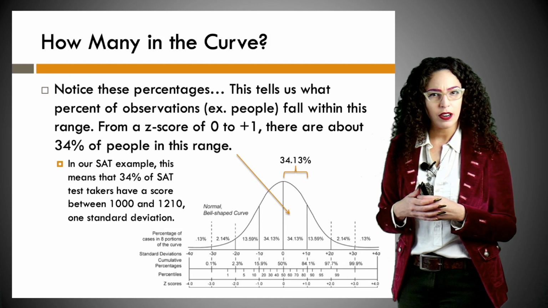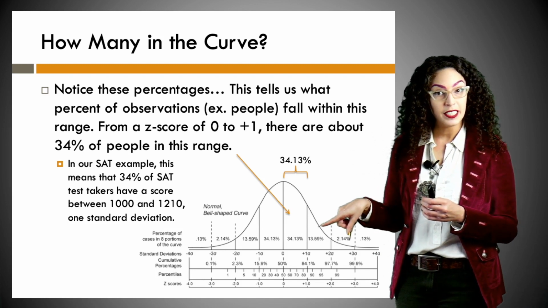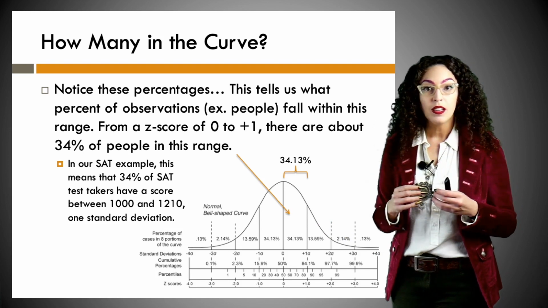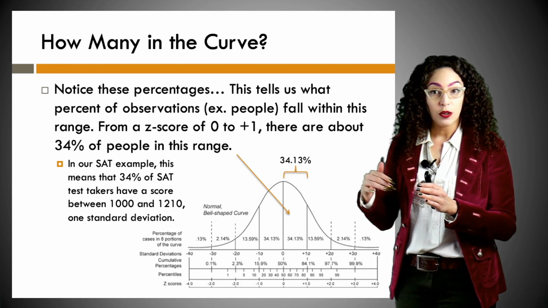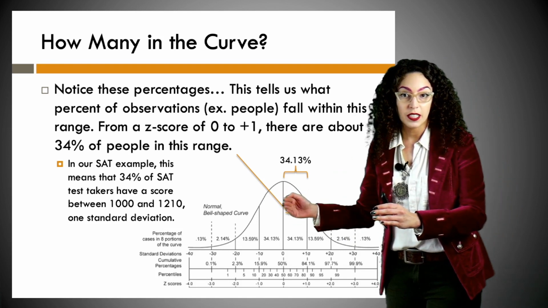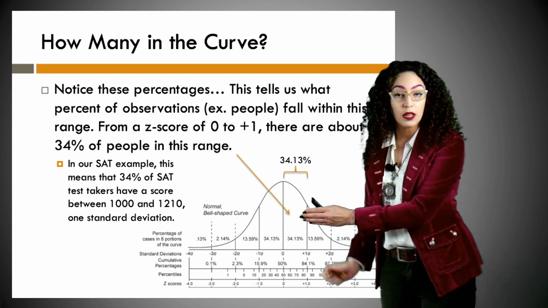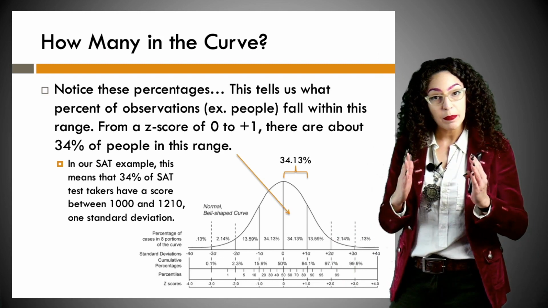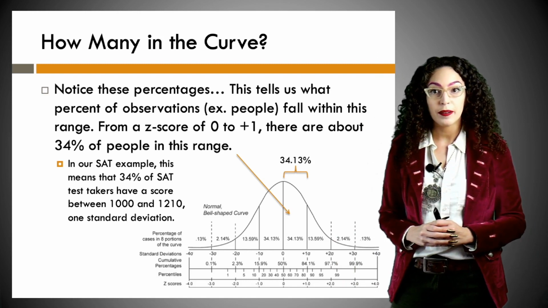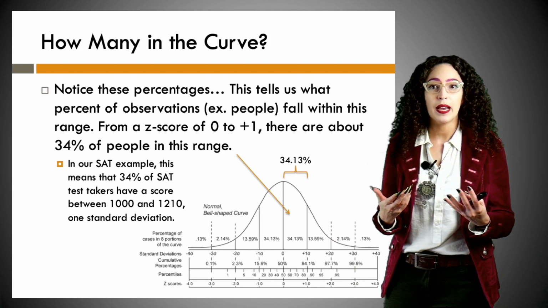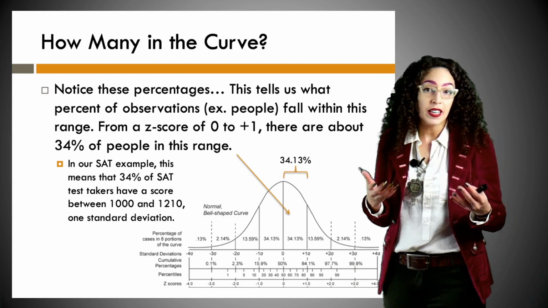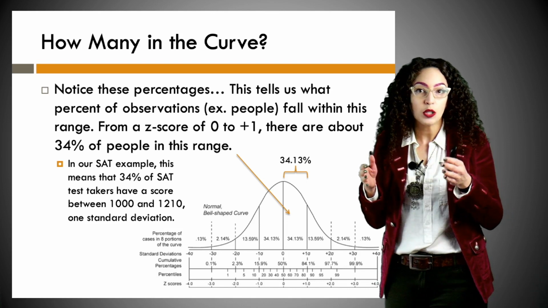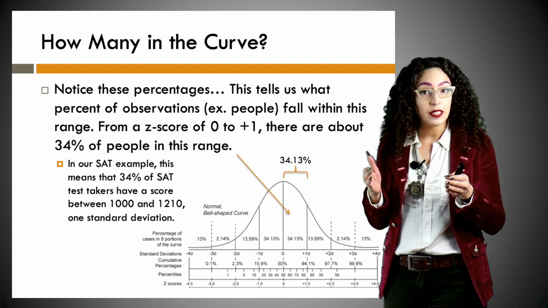Here we are again with our curve. Notice these percentages. This tells us what percent of the observations, people, fall within this range. So from a z-score of 0, so the average, to a z-score of positive 1, there are about 34% of people that'll get a score in between there. In our SAT example, that means that 34% of SAT test takers will have a score somewhere between 1,000 and 1210, 1 standard deviation.